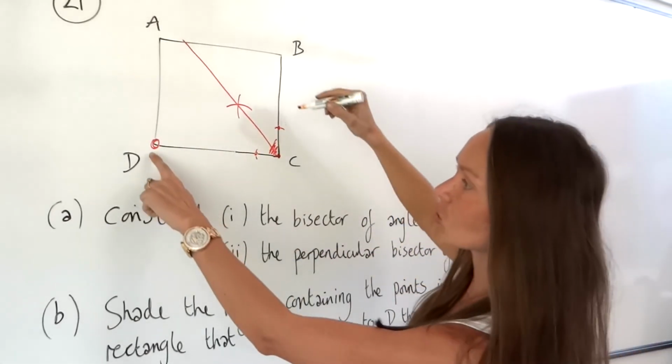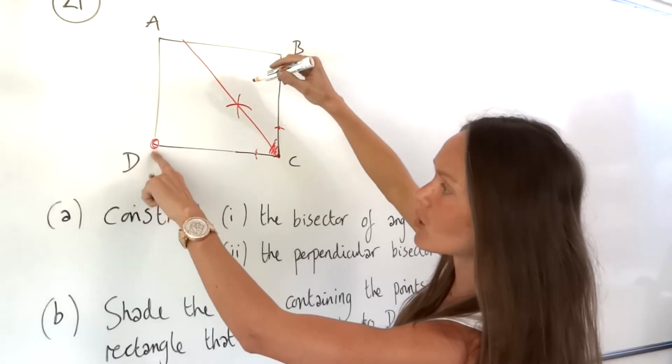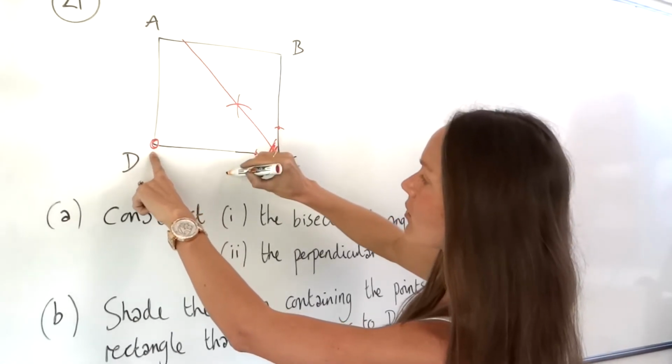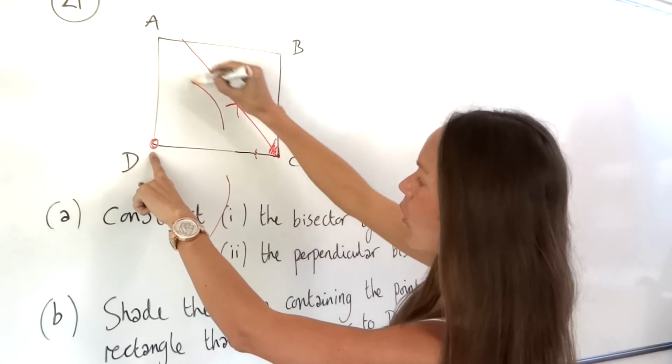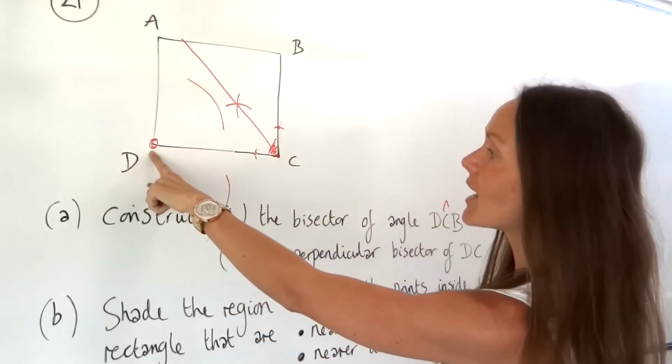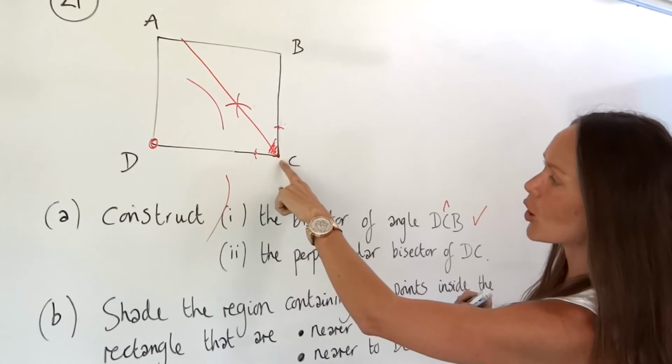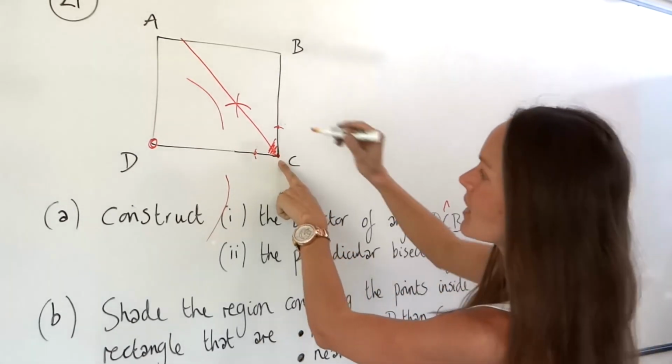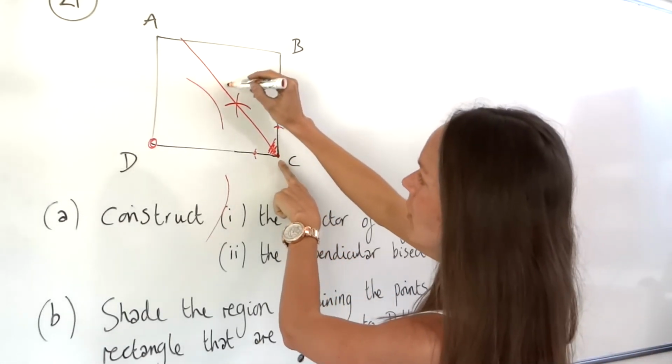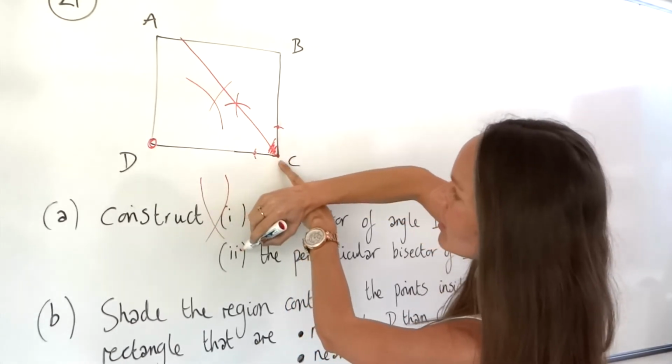Then with that sharp point stuck on D, you do an arc on either side of the line DC. Now you have to switch the sharp point over to the other end of your line, and you do the same thing. You do a mark here and then another mark here.